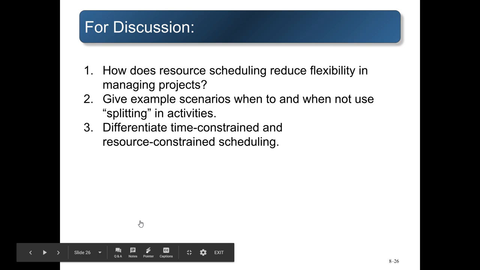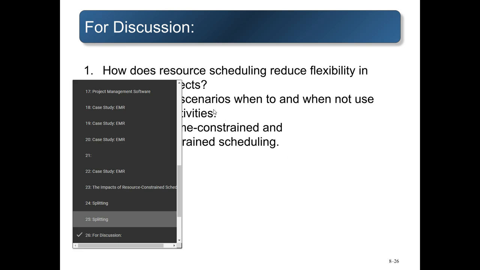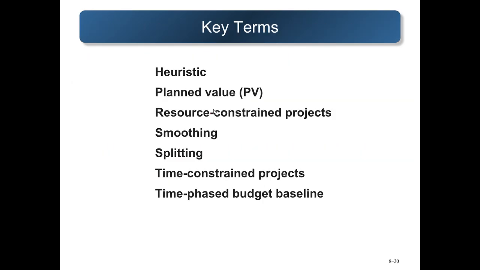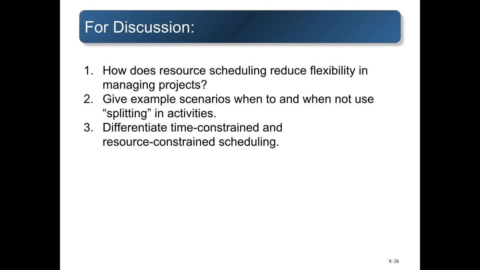First, how does resource scheduling reduce flexibility in managing projects? Second, give example scenarios of when to and when not to use splitting in activities. Then lastly, differentiate time constraint and resource constraint scheduling.